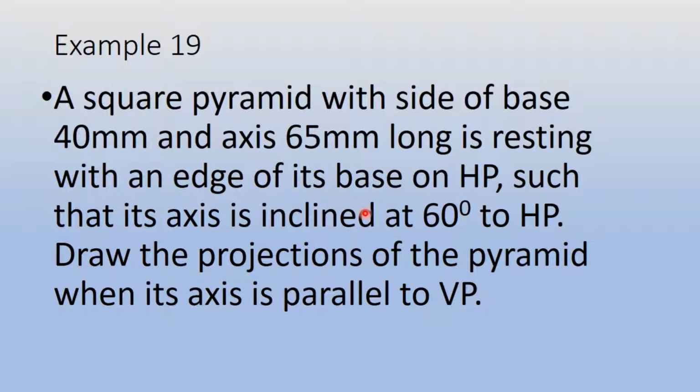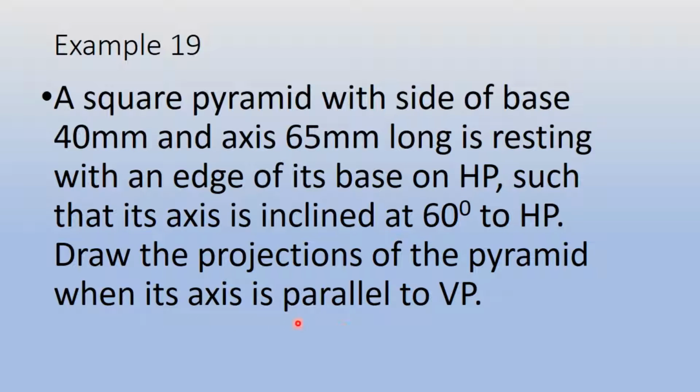So this will mean that the square pyramid will be inclined to HP, and the angle of inclination is given as 60 degree. It's given that the axis is inclined at 60 degree to HP. So what we have to do is make the edge of the base rest on the HP, and incline the axis at 60 degree with respect to HP.